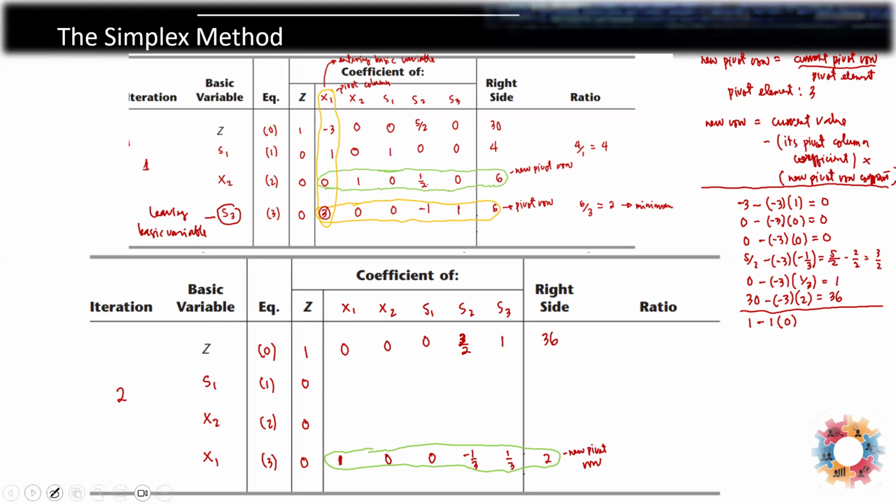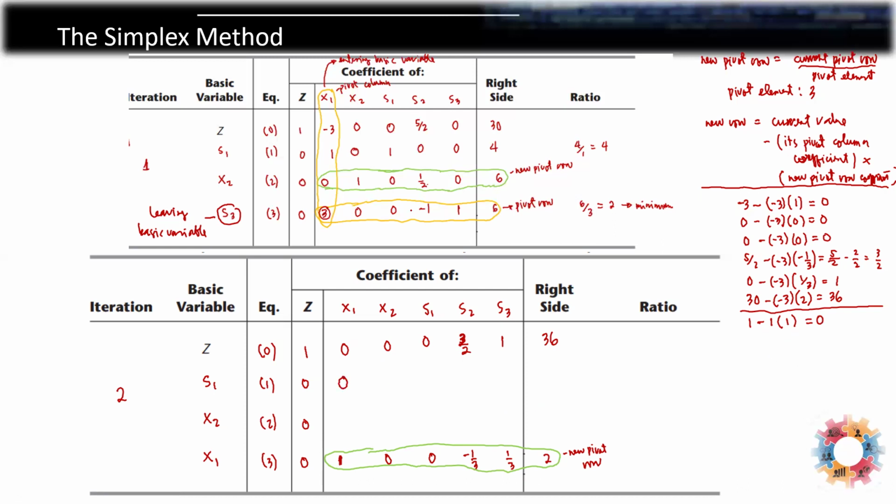That's 1. That's your new pivot row coefficient. Okay, so 1 minus 1. 1 is the pivot column coefficient, the same number with the current value, times 1, which is your new pivot row coefficient, and that's equal to 0, right? That's equal to 0.